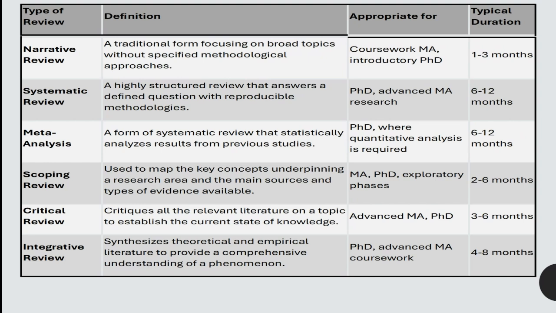Now, the other types of reviews are usually reviews that we would find some on master's level, some only on PhD level. And you'll also see that I've added there the typical duration, meaning the time that it takes to do this type of review.